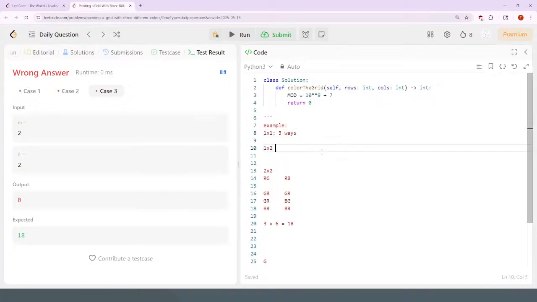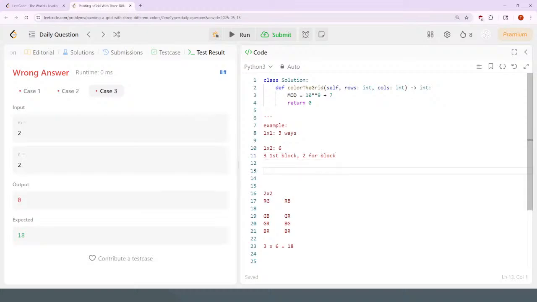1 by 2 is going to be 6. And 1 by 2 is 3 for the first block and 2 available for the second block.